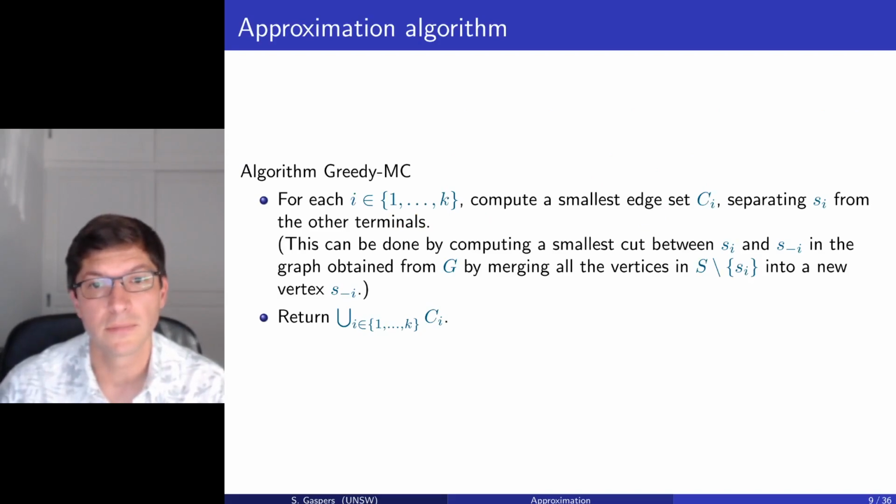And then we do this for every terminal. We compute the smallest edge set that cuts this terminal from the others, and then we return the union of all the edge sets that have been computed in this way.